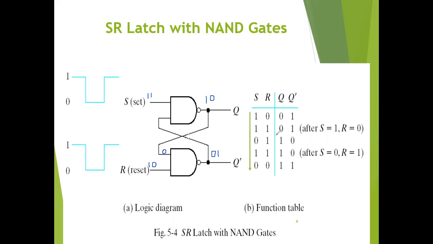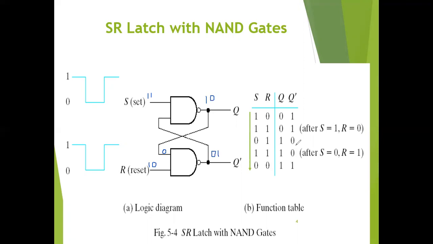It stays in the set state 0 1, and it will be changed when we change the value of S from 1 to 0, going from 1 1 to 0 1, and it will go to the 1 0 state, which is the reset state of the system.